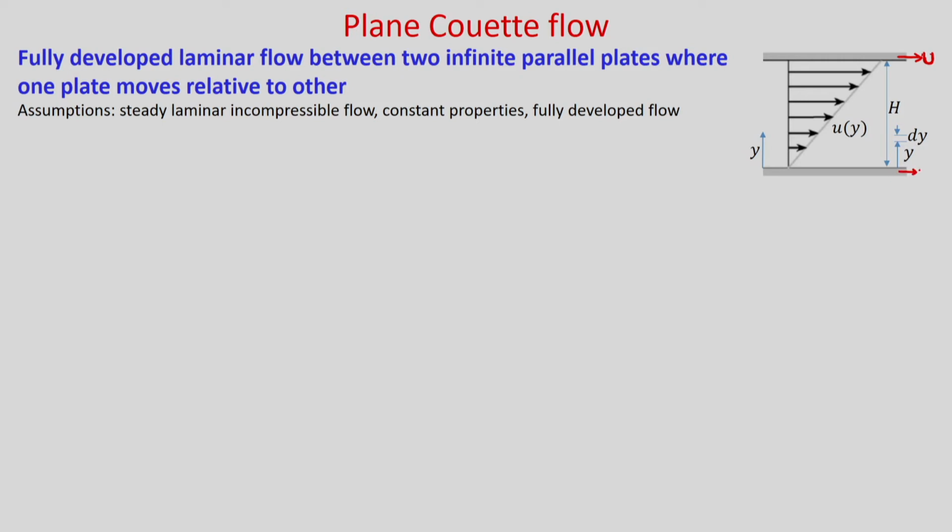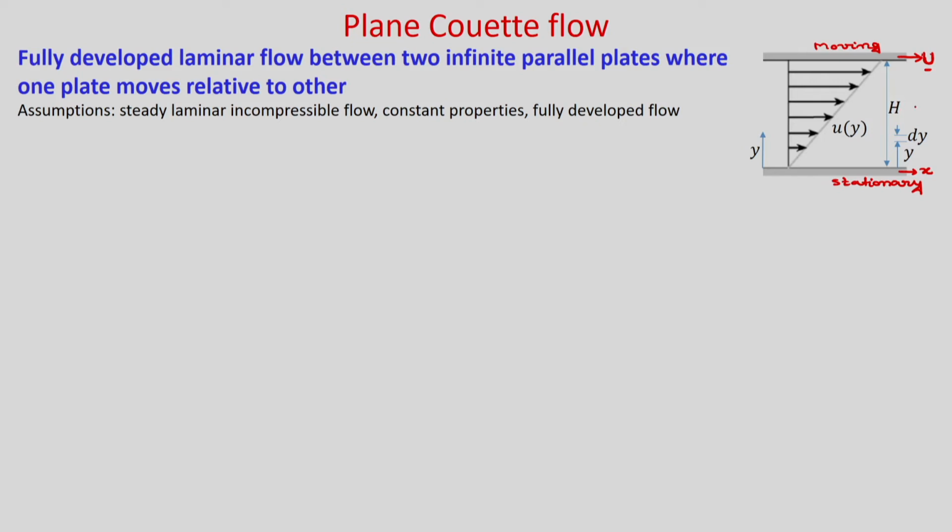This is your x direction and y is measured from the bottom wall, and the bottom wall is stationary, and the upper wall is moving with constant velocity u. The distance between the two parallel plates is h.